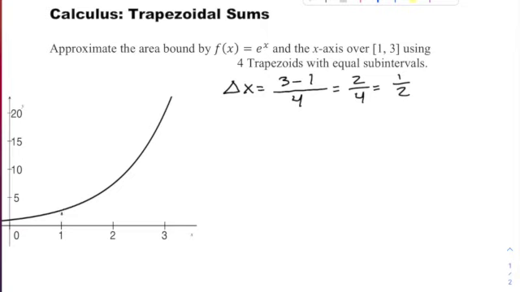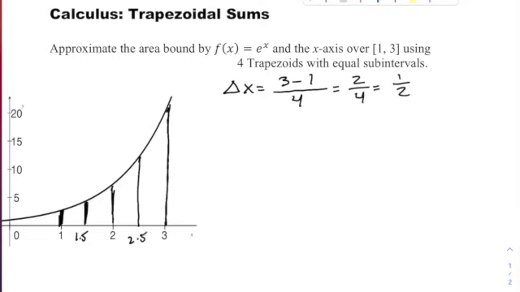So here is slicing up that region from 1 to 3 into 4 equally spaced regions. That means every 0.5, right? So 1.5, then a 2, then a 2.5.